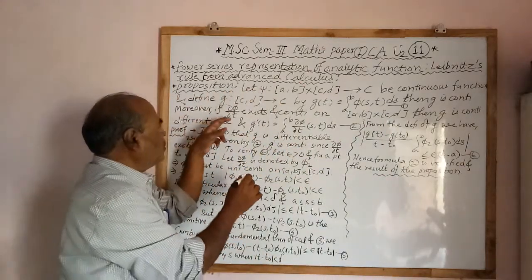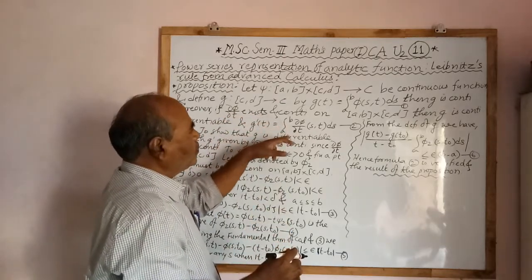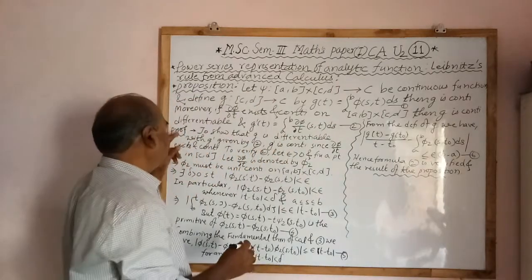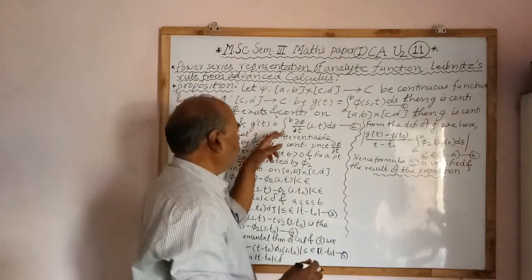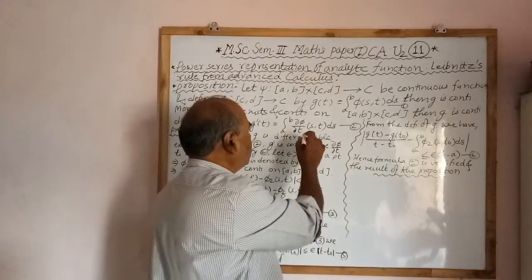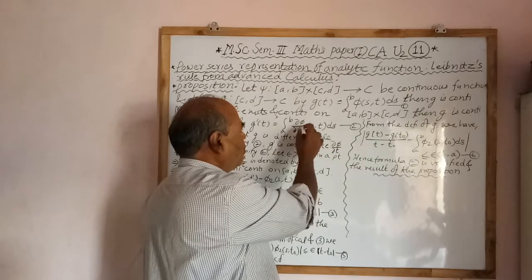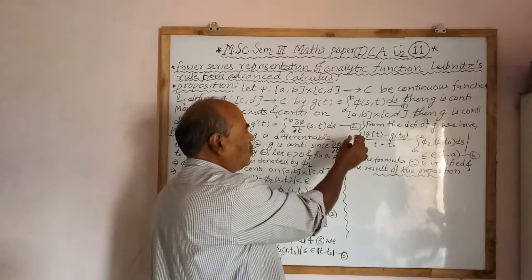Moreover, if del phi by del t exists and is continuous on [a,b] cross [c,d], then G is continuously differentiable, and G dash of t equals the integral from a to b of del phi by del t of (s,t) ds, equation number 2.